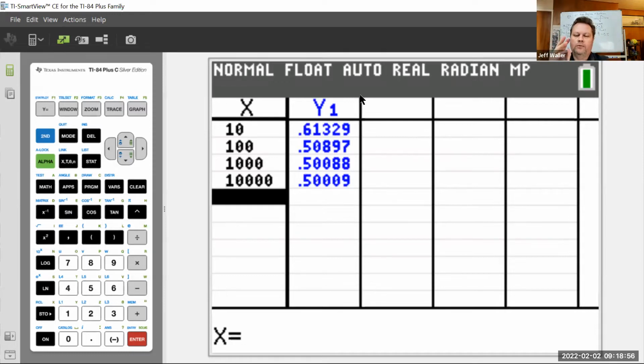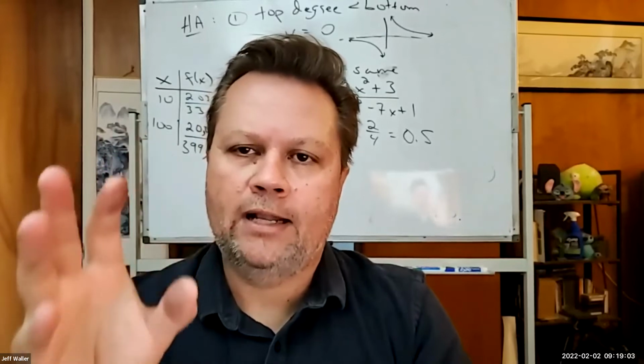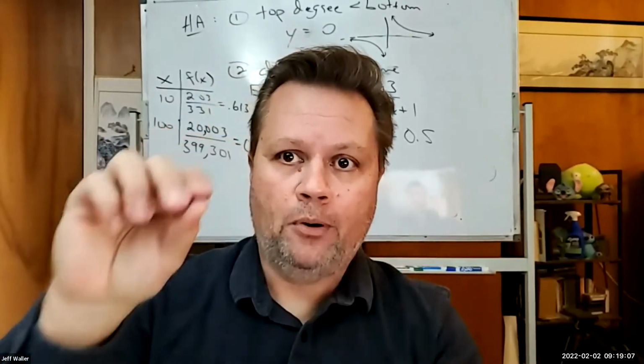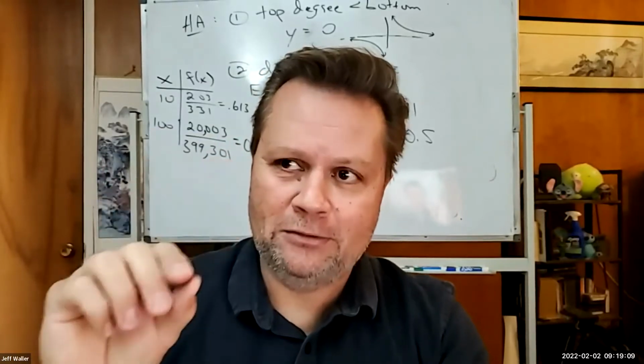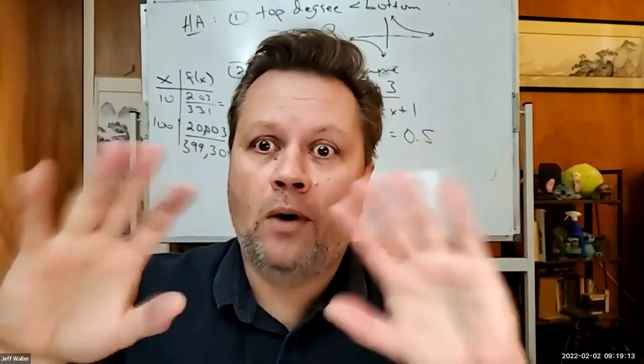So what I'm trying to say is, let me stop sharing because this is not important. When you're trying to analyze a function either at a point that you can't get to, or at a point where things go haywire, we'll look at that example in a minute.